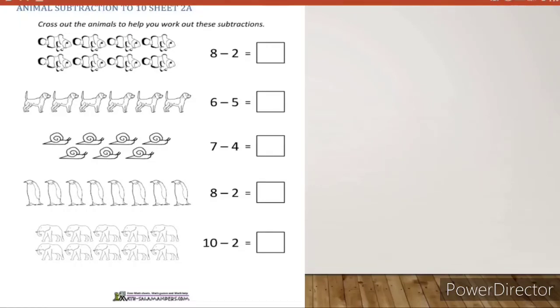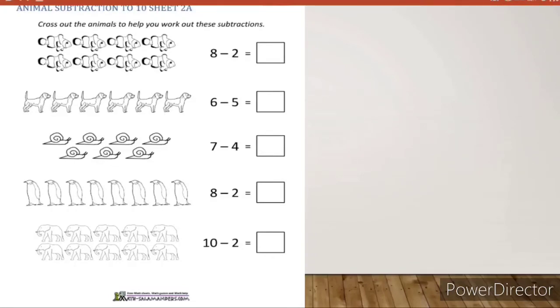Look at those snails underneath. 1, 2, 3, 4, 5, 6, 7. 7 snails. The math subtraction sentence says 7 minus 4 equals. So we need to take away 4 snails. So circle 4. And how many do you have left? Awesome. Write that number on your screen in that box.